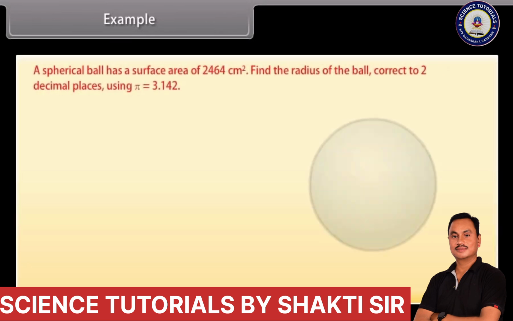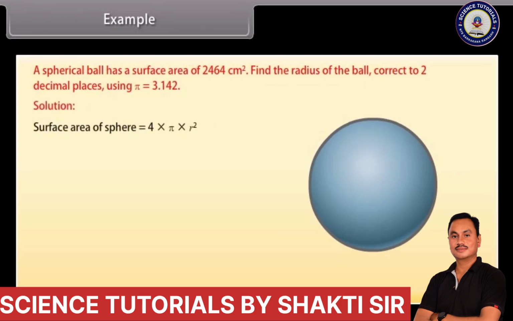Example: a spherical ball has a surface area of 2464 centimeters square. Find the radius of the ball, correct to two decimal places using pi as 3.142. Solution: we know that surface area of sphere is equal to 4 into pi into r square. In order to find r, we need to isolate it from the equation above.